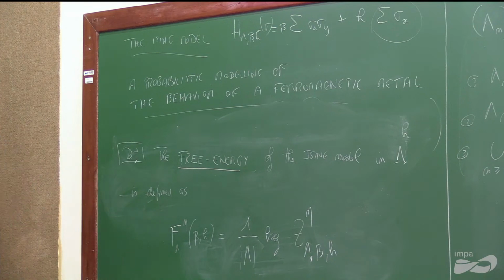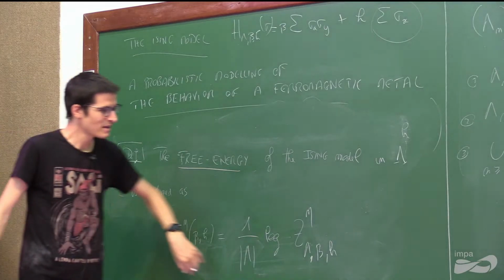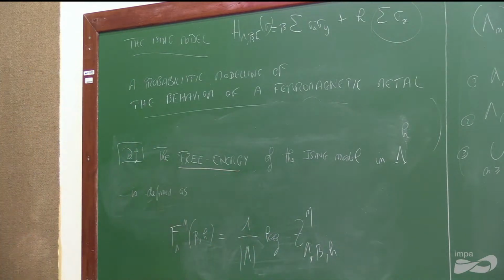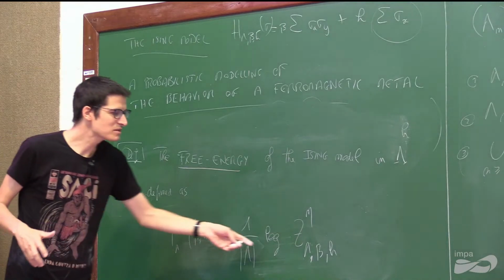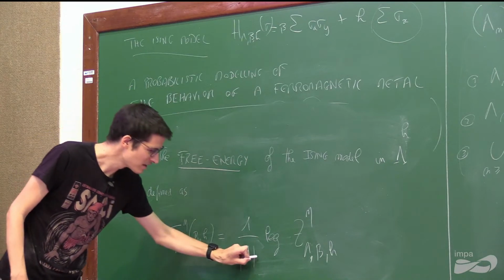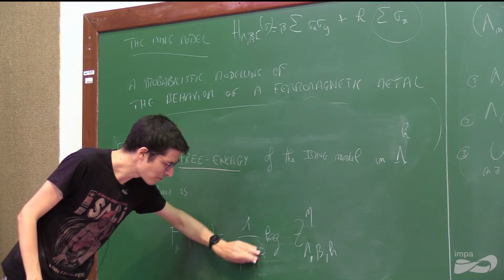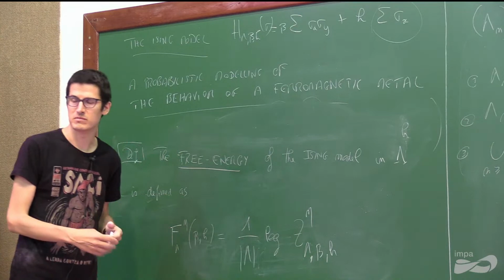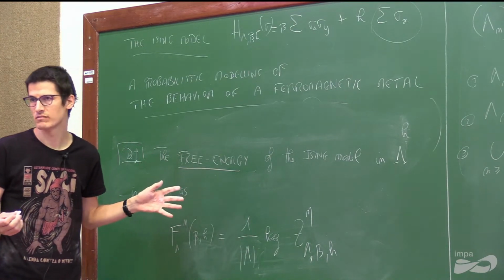If you look at the units, here we are in math, so we don't really care about the physical dimensions, but this is a log, so this is a dimensionless thing, and you would normally have to divide by beta in order to get something homogeneous to an energy.